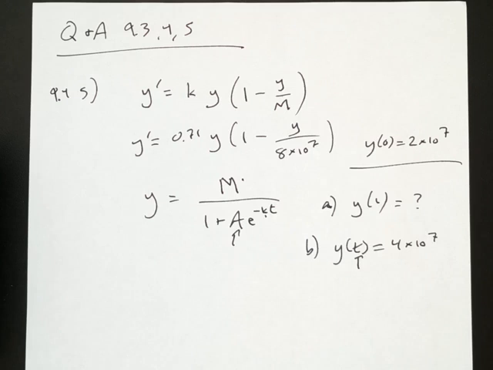There is in the textbook a formula written for A in terms of our carrying capacity M and our starting population, our initial condition. Yeah, here it is.